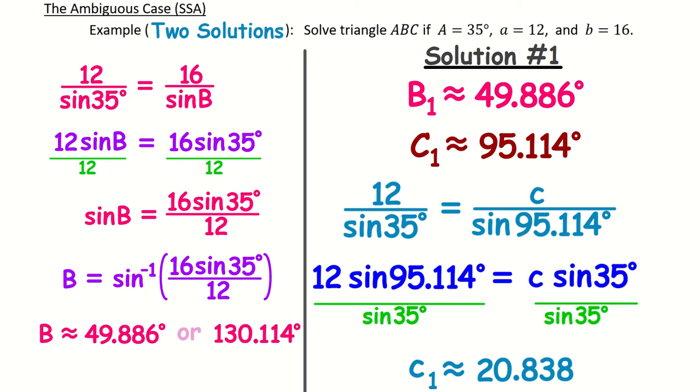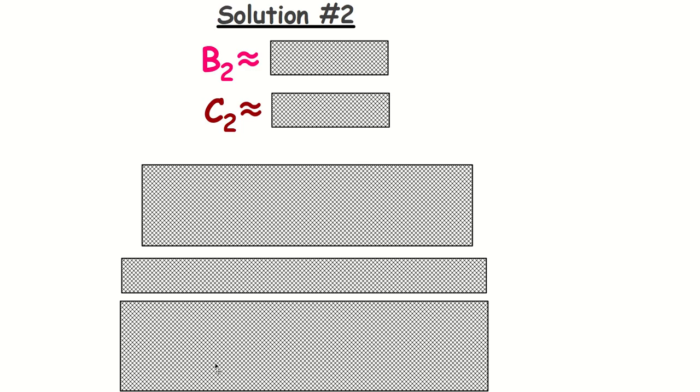But what we're about to do is now pursue solution number 2, where instead of this being our angle B, we choose this as our angle B instead. So here's solution 2, where angle B was this.